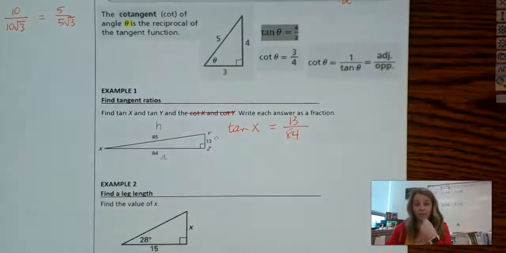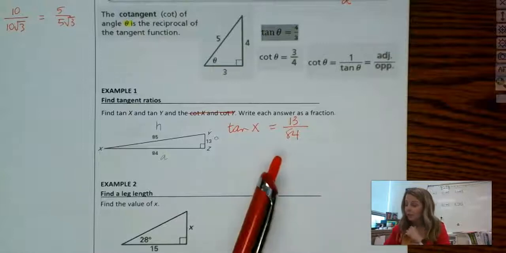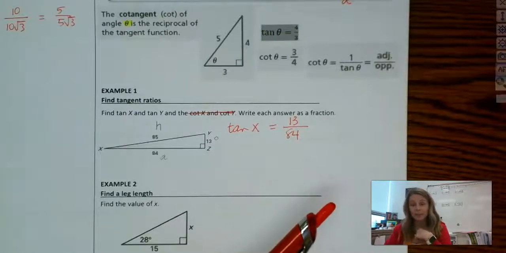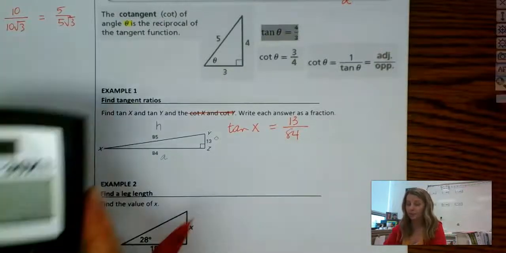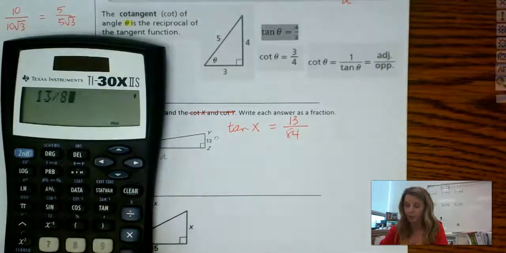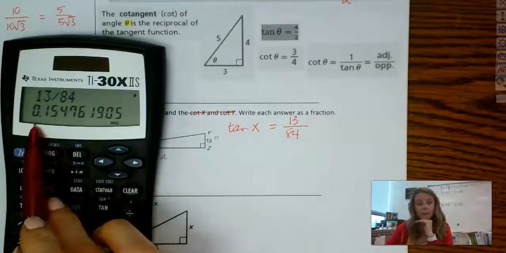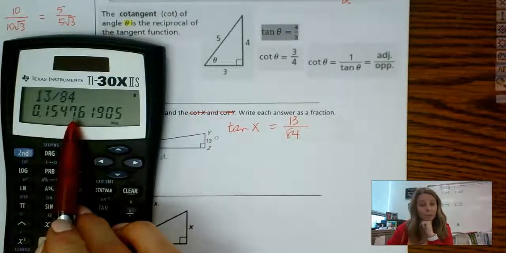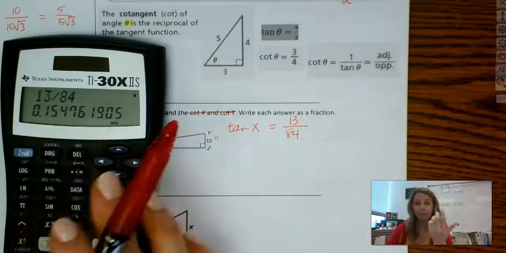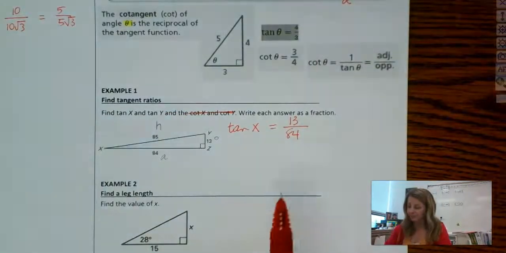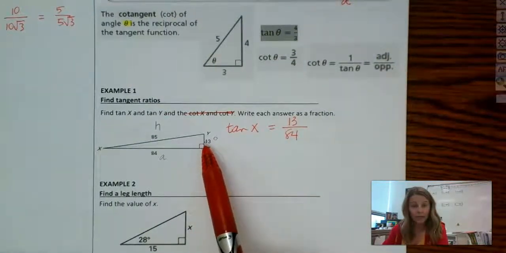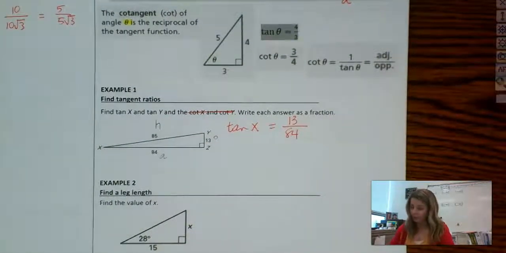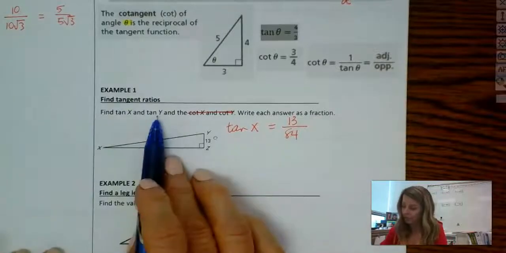That's all we're writing on this first one. Sometimes we convert this to a decimal. If I wanted to, I would just do 13 divided by 84, and a lot of times we'd round to four decimal places, but we won't always need decimals. Okay, now we're going to do the tangent of y.